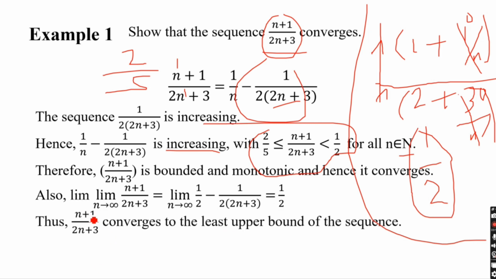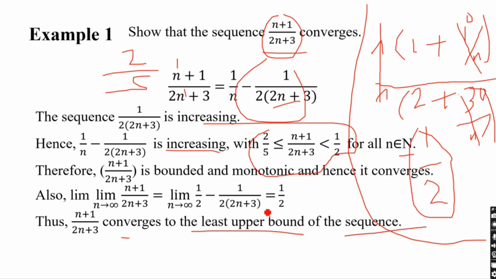So (n+1)/(2n+3) converges to the least upper bound of the sequence, because in the previous slide we have seen that when the sequence is monotonic and bounded, it converges. When the sequence is increasing, it converges to the least upper bound, and when the sequence is decreasing, it converges to the greatest lower bound of the sequence.